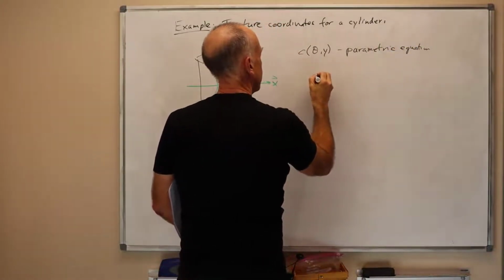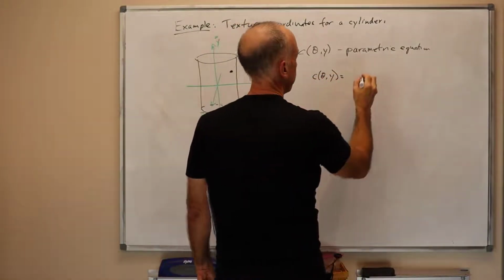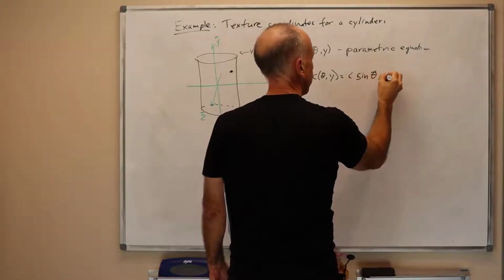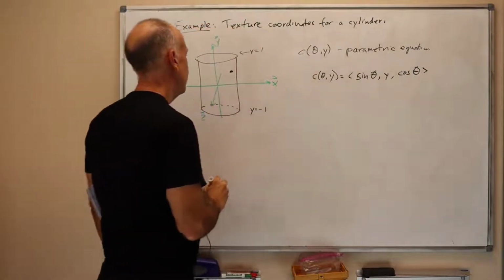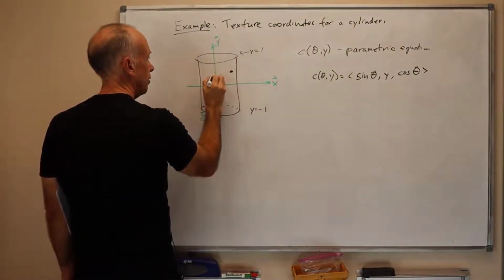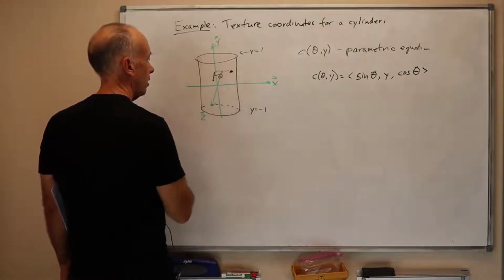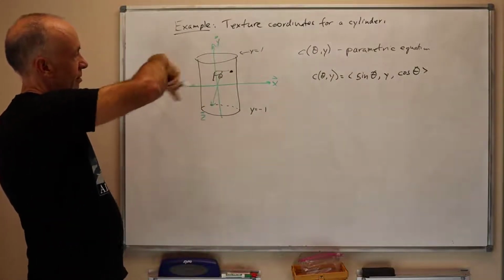And I'll use c of theta, y equals sine theta, that's the x value, y, cosine theta, that's the z value. Think of angle theta with the zy plane, and we're rotating around this way.